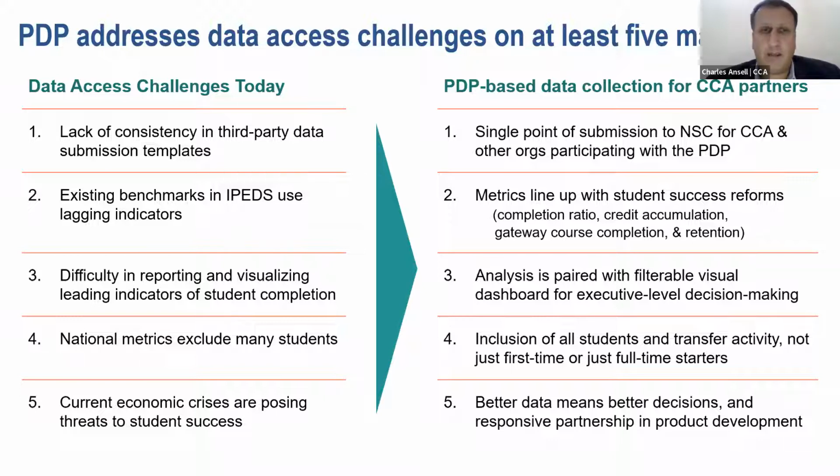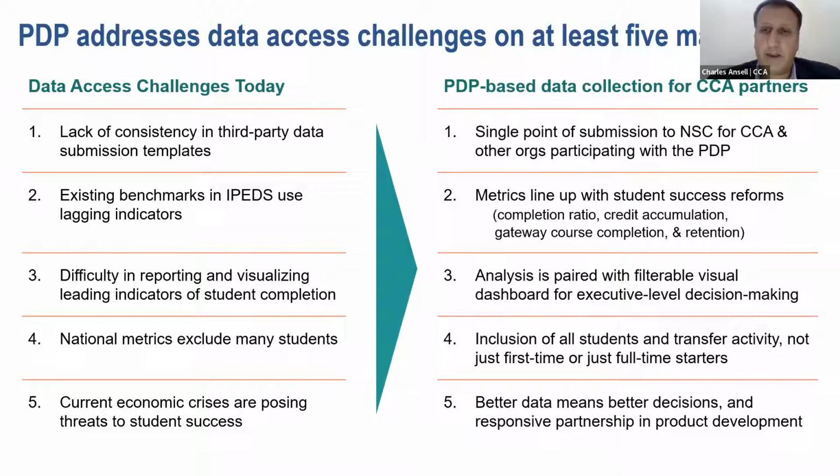Being able to see that pretty well, not having that difficulty in reporting and visualizing the leading indicators. I'm not overly enamored with IPEDS, to say the least. Part of the problem is it doesn't capture all students, and there are some arbitrary aspects of IPEDS metric definitions, such as graduation rates only focusing on students who start in the fall for whatever reason, whereas the PDP and other tools like it are actually able to capture students who start in the spring or summer, or who are part-time or first-gen.